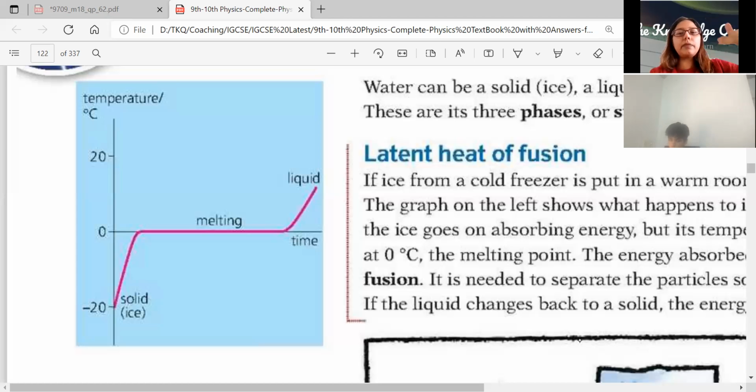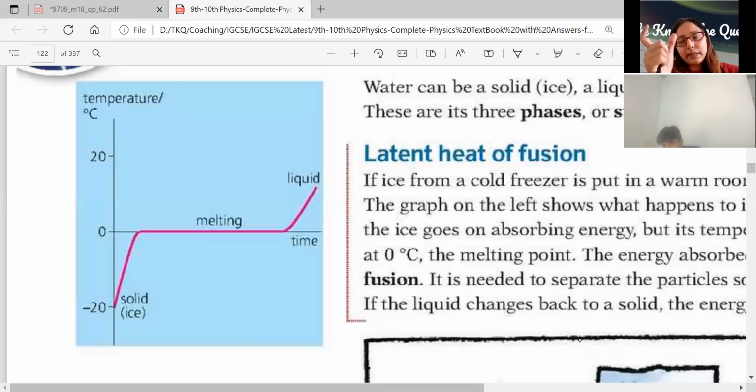Now same thing will happen when liquid is heated up, the temperature will increase. When the liquid reaches the boiling point, the temperature will stop there. It is not going to increase because now all of that heat is used to break the bonds. Once the bonds are broken, the liquid is completely converted into vapor.